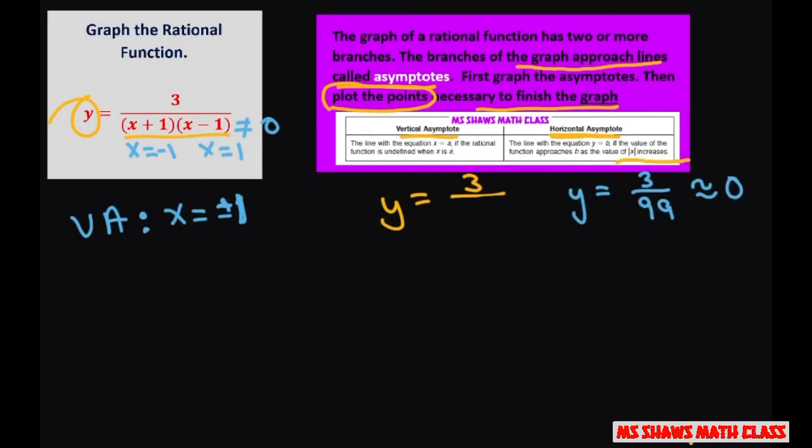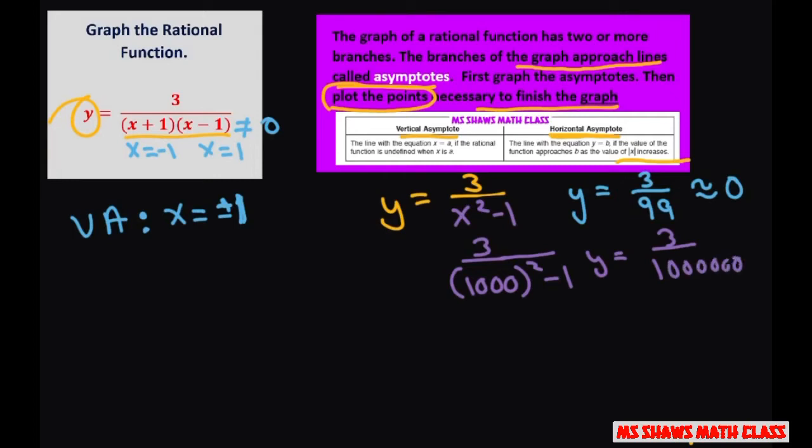Let's plug in an even bigger number. If I plug in 1,000, you have 1,000 squared, and who cares about really that minus 1. That's going to be 3 over 999,999.